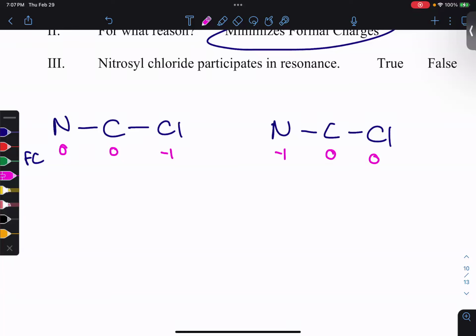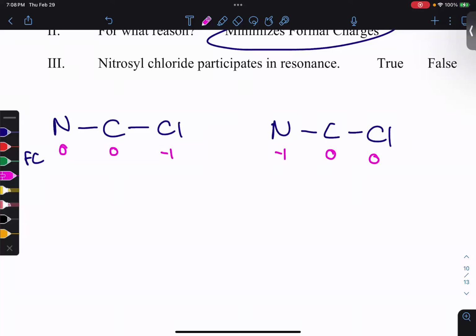Which one is the most dominant Lewis structure? Does one of them minimize formal charges more than the other? No, they're equivalent. So what's the next line of defense that we look at? Where that negative is. The negative wants to be where? On the more electronegative atom.